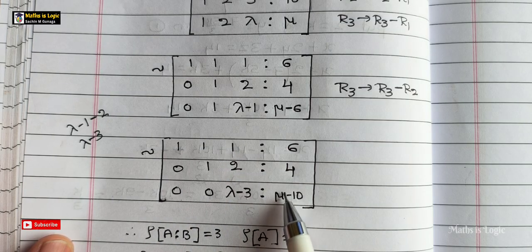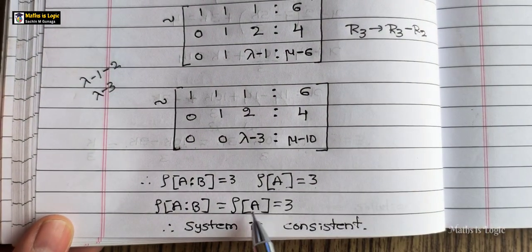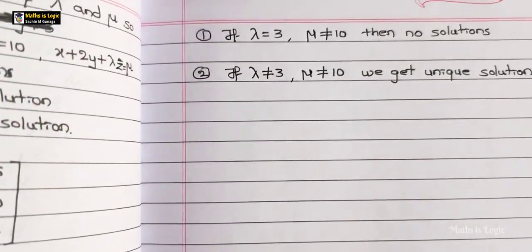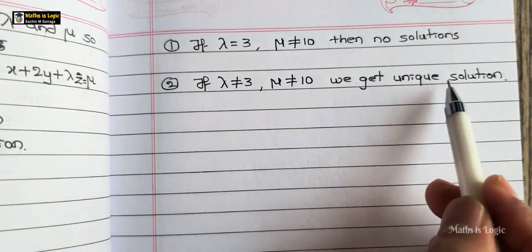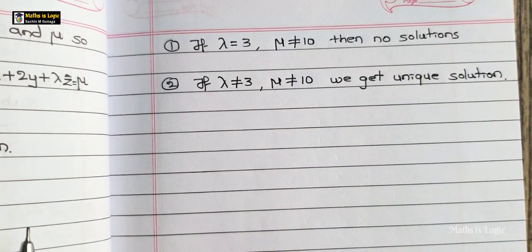If you take some other value for mu, not 10, then rank of the augmented matrix also becomes 3. So rank of A is equal to rank of the augmented matrix, then system is consistent. If it is consistent, then we conclude the system has unique solution.